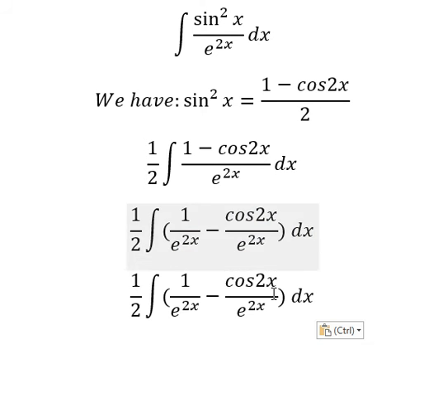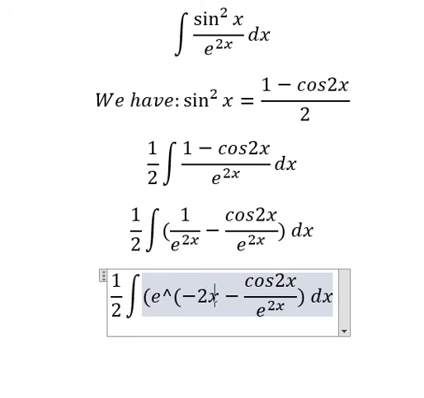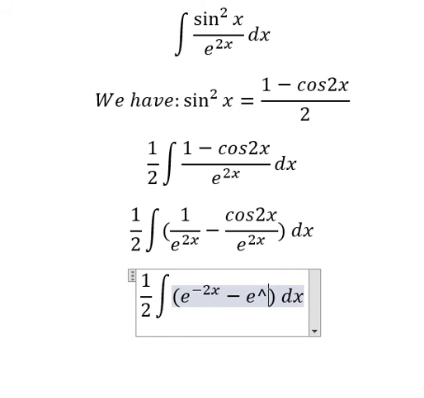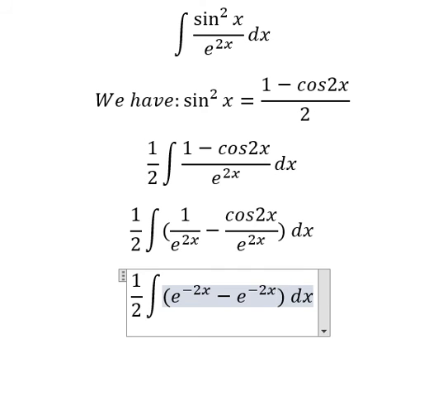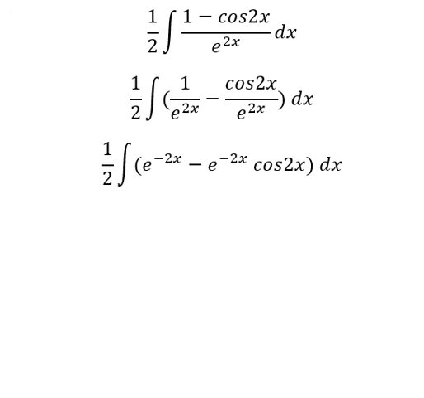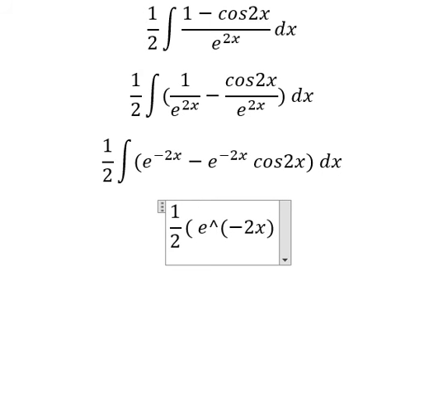Next, this one we can change into e to the power of negative 2x. Similar for this one. Next, the integration of e to the power of negative 2x, you will get e to the power of negative 2x over negative 2.